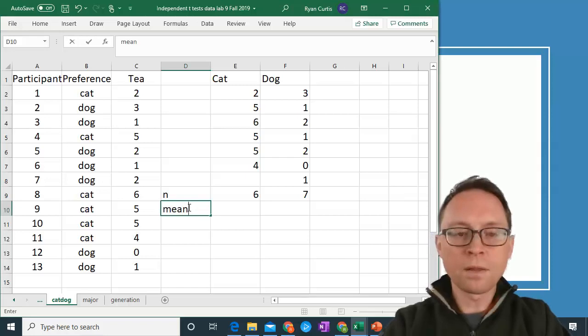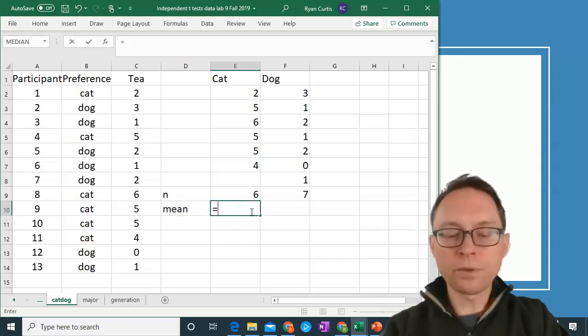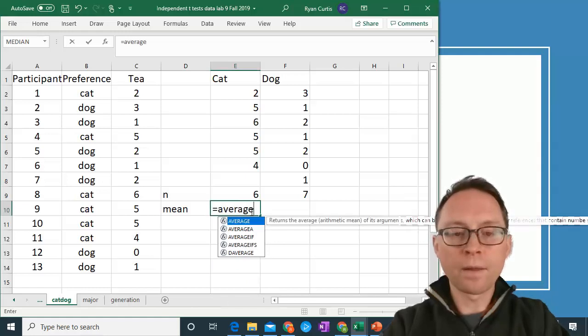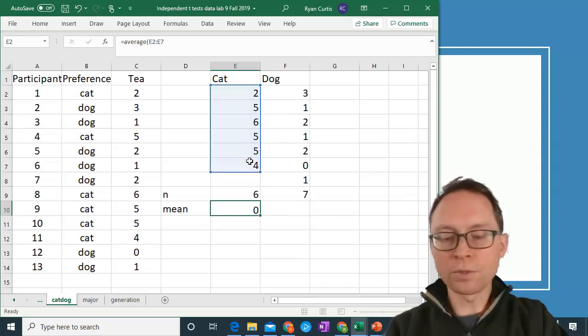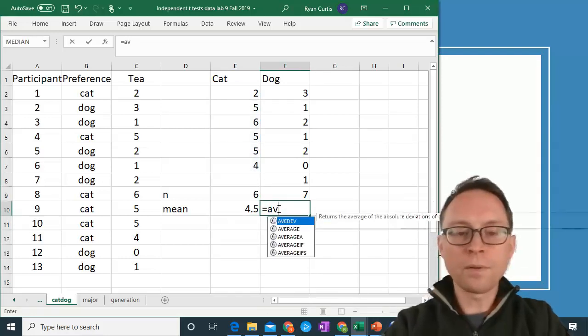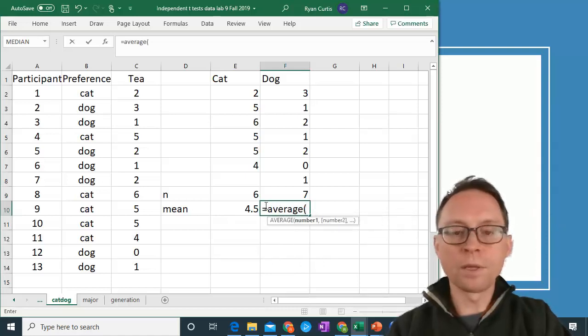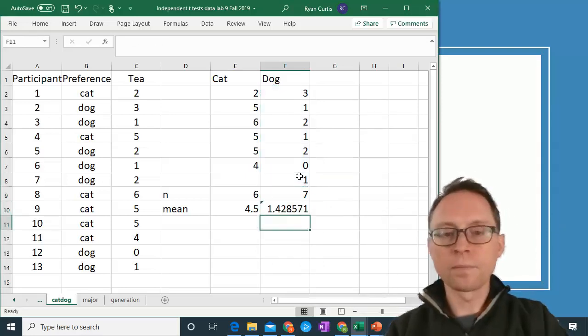The mean number of cups of tea for cat people is going to be the average of all of those. Whereas the mean for the dog people is going to be the average of all of these, right?